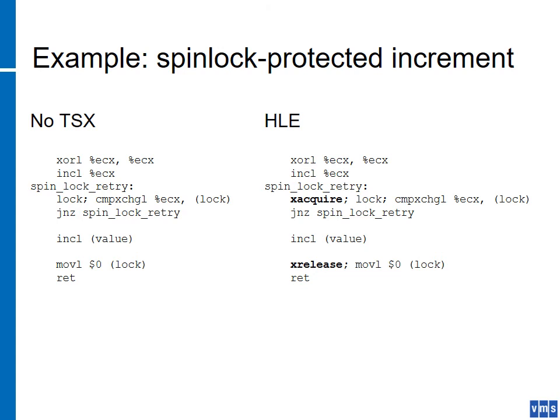Unless there's a conflict, in which case we redo this and we do actually take out the lock. So very safe, and this runs on older architectures as well, except of course you don't get the benefits of this. Could you keep a mechanism where you decide whether you have to take the lock or not?